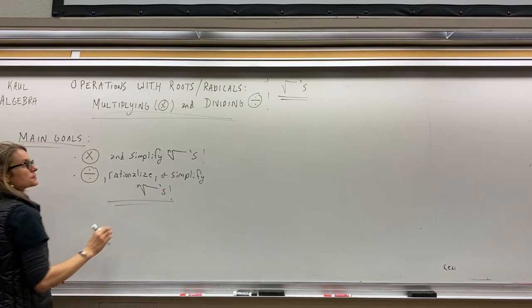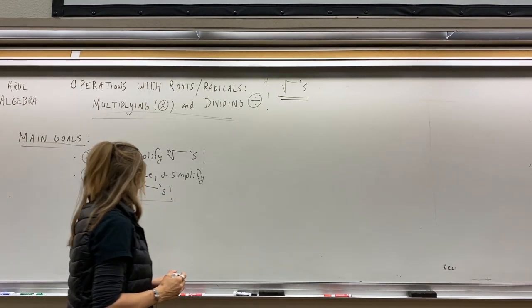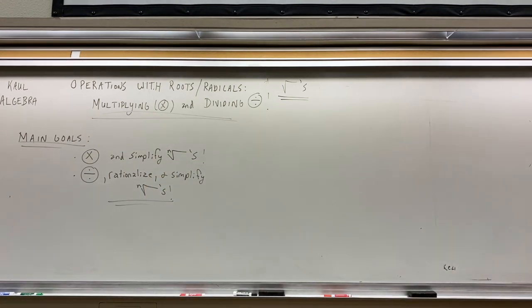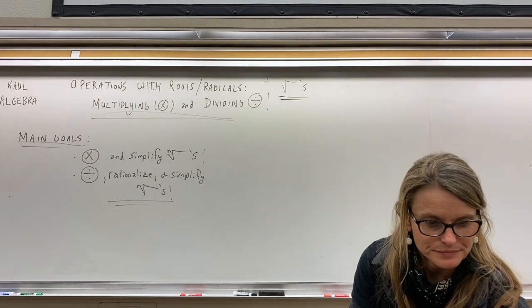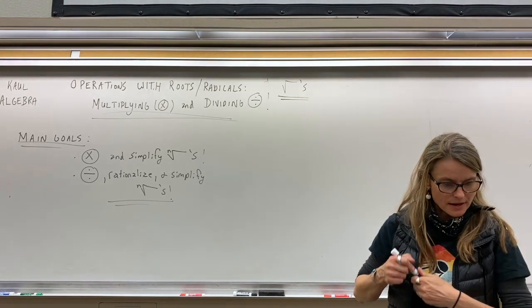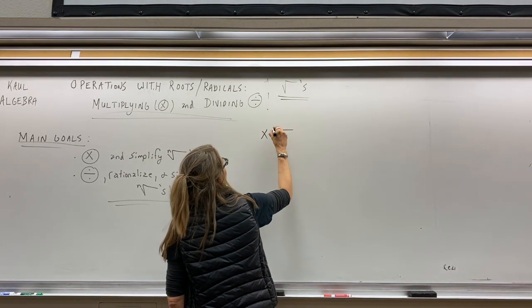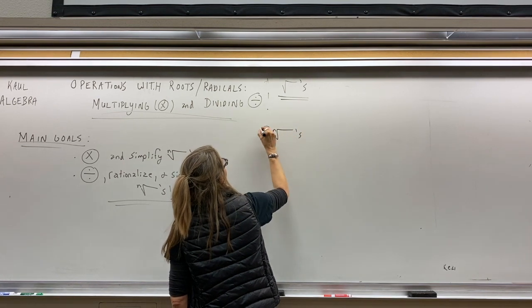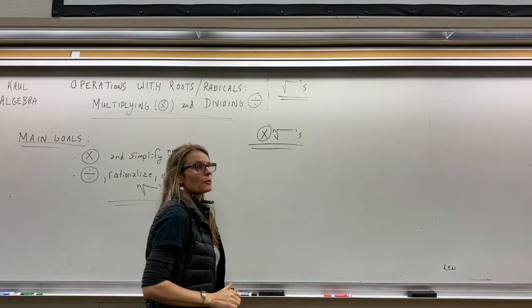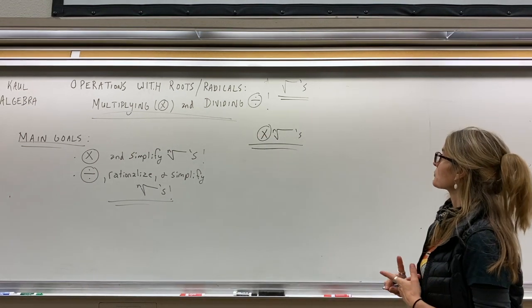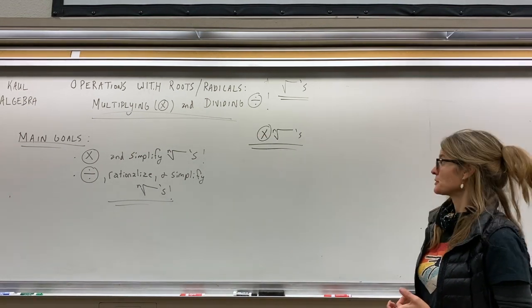Okay, so let's go ahead and start with our multiplication rules. With multiplication, what we want to be aware of is that the rules are we can only multiply radicals with the same index numbers.